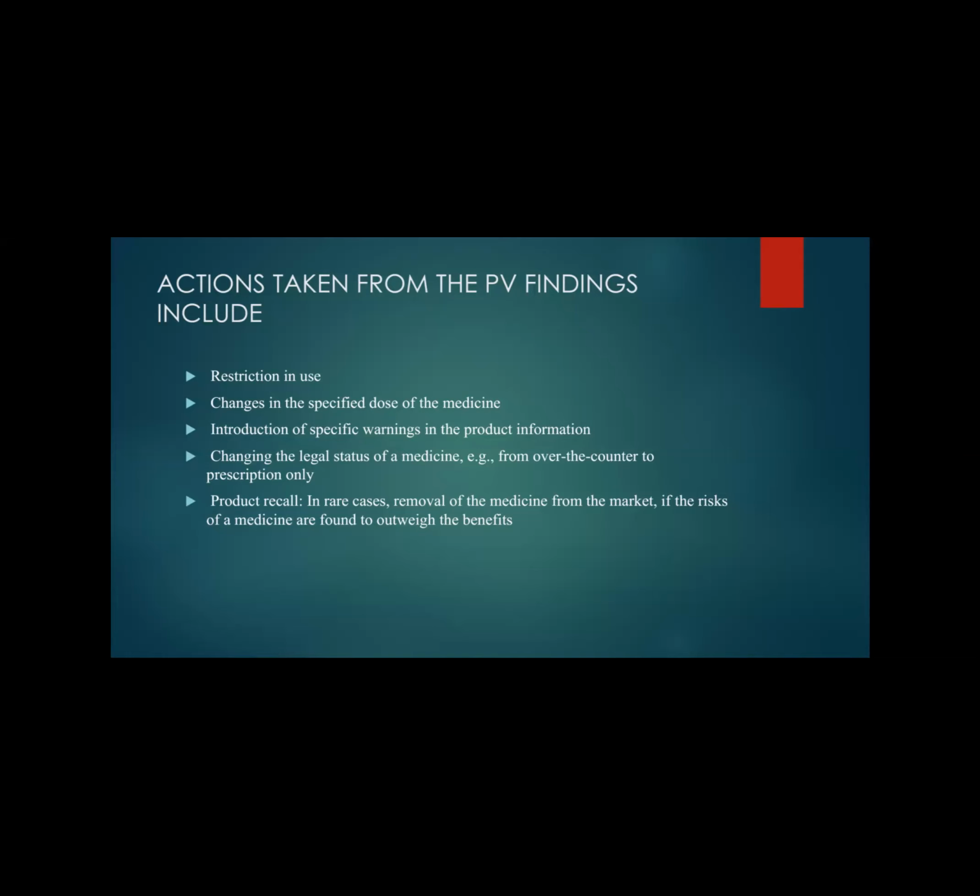There is a signal that it may spread to all people, so they have taken action. In the same way for drug use, there will be a signal suggesting whether or not to use the drug in people. Many times, if it is very severe, they will withdraw it from the market so that people should not use that drug. Or they give some warnings in the labeling. This is a very important thing, the action taken from PV findings. That's why pharmacovigilance is becoming very important now.